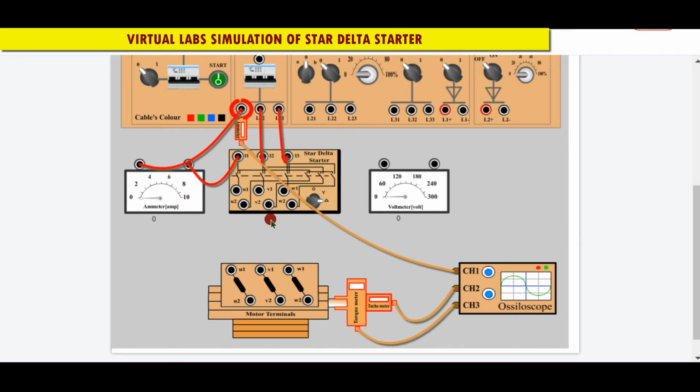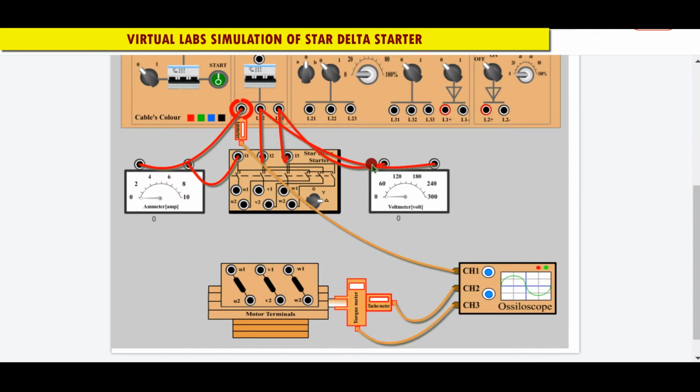The voltmeter is connected in parallel: connect its positive point with this line and its negative point with the second phase.